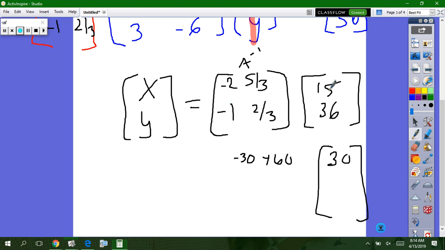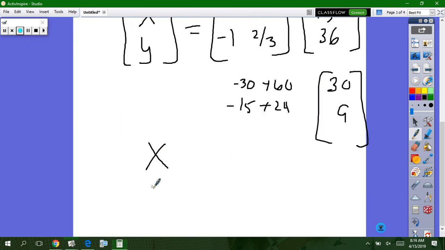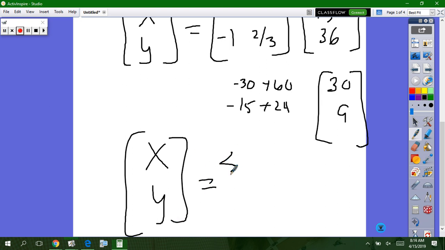So I have negative 1 times 15 is negative 15. 2/3 of 36 is 24. Negative 15 plus 24 is 9. So what I know now is that the matrix xy equals 30 and 9.